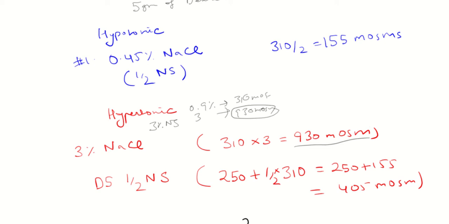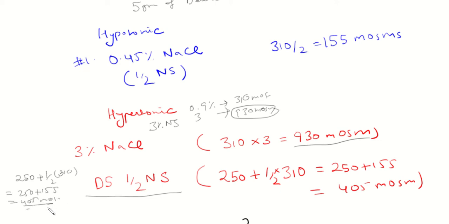That's hypertonic. What about D5 half normal saline? It's hypertonic as well: 250 from dextrose plus half of 310 from normal saline. So that would give me 250 plus 155, about 405 milliosmoles.